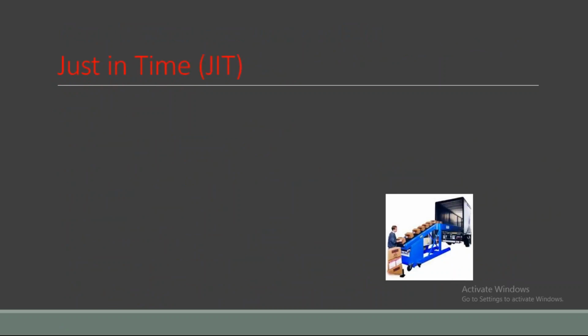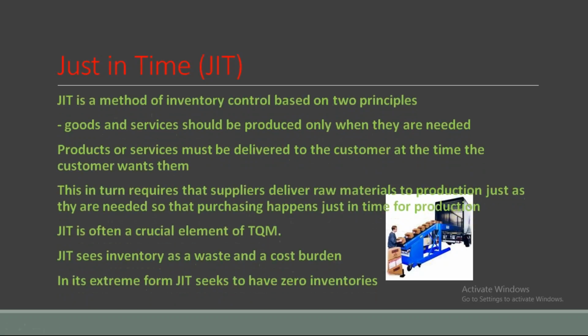We spoke a little about just in time. As the picture shows, it is just producing the goods only when the customer wants. Basically it works on two principles. The first principle is we produce goods only when the customer needs, and the products or services are delivered at the time the customer wants them. So we don't produce and keep goods.